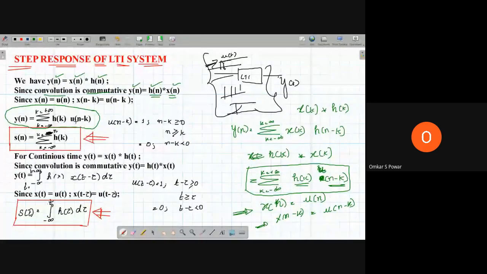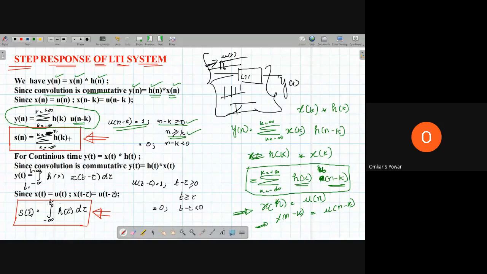But what is this u of n minus k mathematically? u of n minus k is equal to 1 for n minus k greater than or equal to 0. Then n is greater than or equal to k.